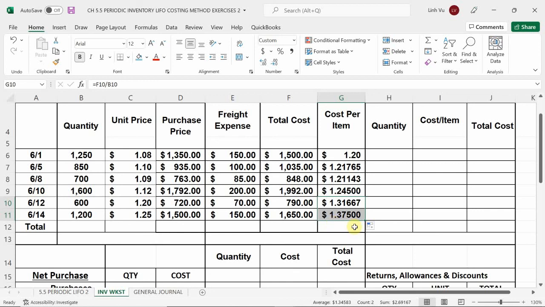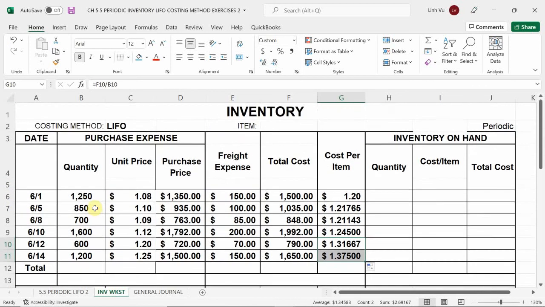You had too many zeros. That's okay. So there you go. It should be $1.375. So another split penny going on here. Oh, $13 is way too much. Yes. Okay. So there we go.